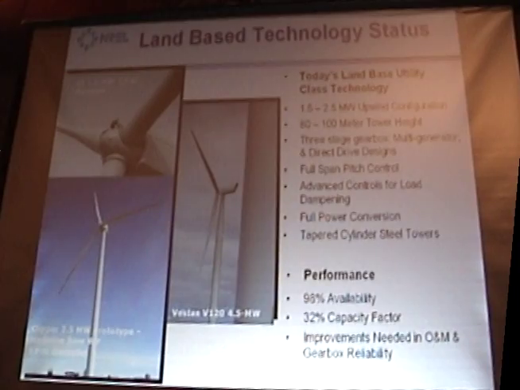So today we have a maturing and actually viable land-based utility class technology for wind energy. Most of the machines are now being installed around 1.5 to 2.5 megawatts, and they're in the upwind configuration that I described, so the wind's passing through the rotor first. They're up on towers that are 80 to 100 meters tall.